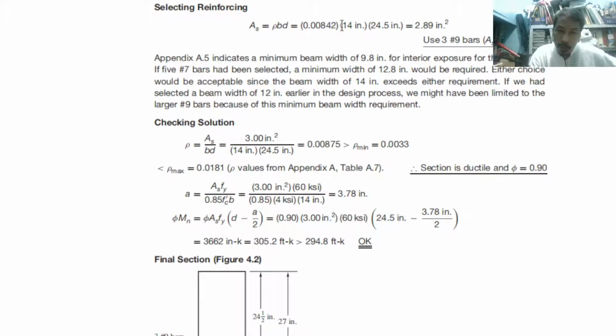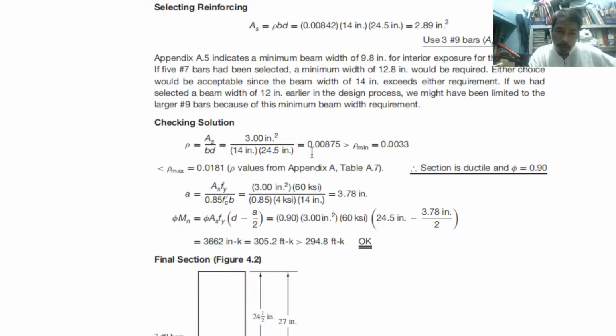So our assumption of 14 is okay because the minimum is 9.8. Either choice would be acceptable since the beam width of 14 inches exceeds either requirement. If we had selected a beam width of 12, we might have been limited to the larger number 9 bars because of this minimum beam width requirement.